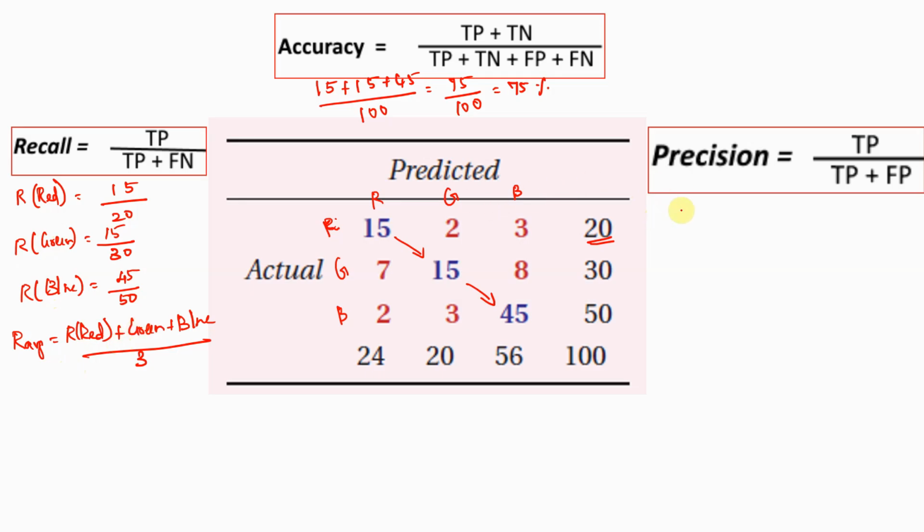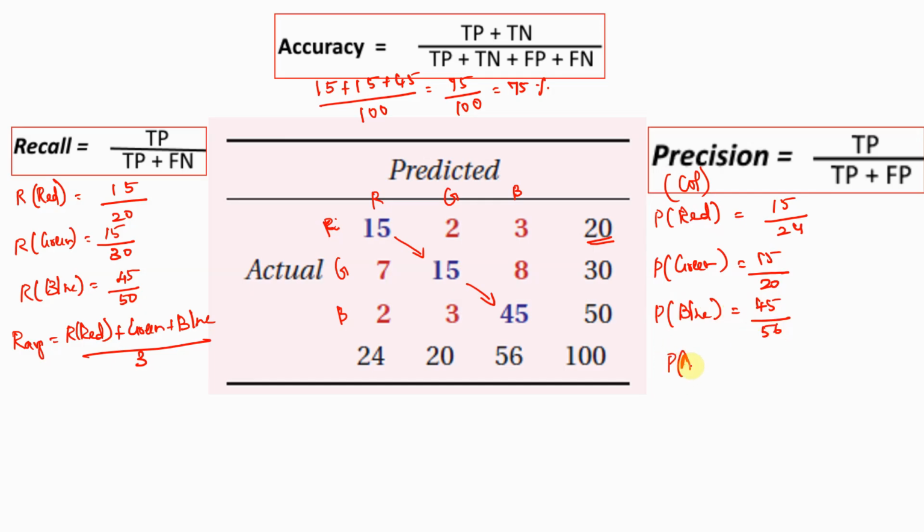Similarly, you can do it for the precision. So precision you have to consider column wise. So precision of red color is 15 divided by 24. Then precision of green color, that is 15 divided by 20. Then precision of blue color, that will be 45 divided by 56.